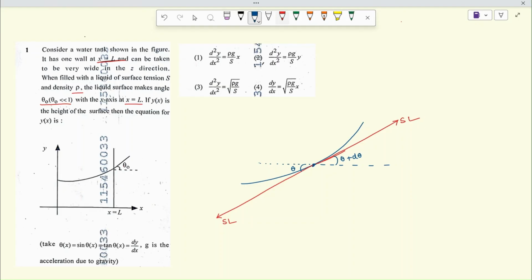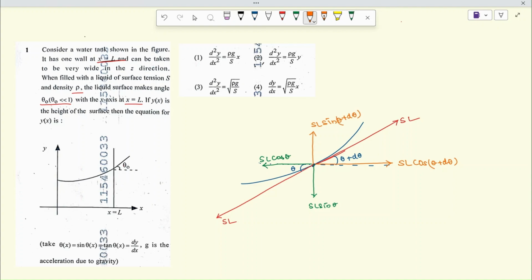Okay, now resolve these forces. First, resolving this SL, the left side one, we'll draw like this: SL sin theta and here SL cos theta. Similarly, the right side force which is going top right side, if you resolve that, you will get SL cos (theta plus d theta) and SL sin (theta plus d theta).